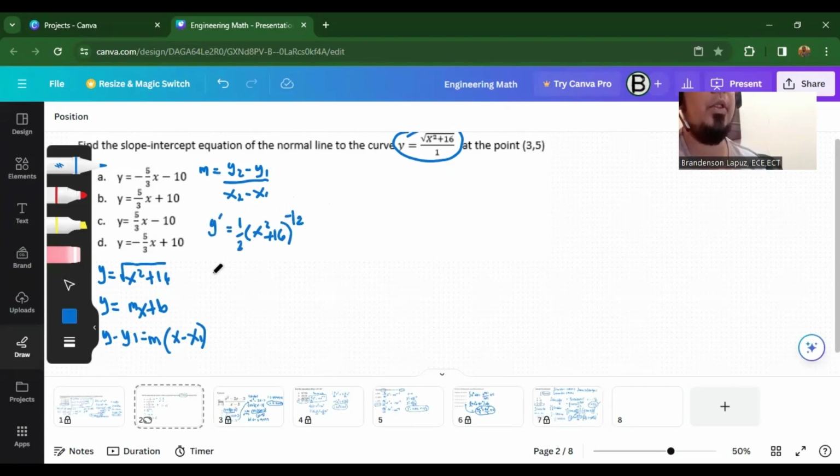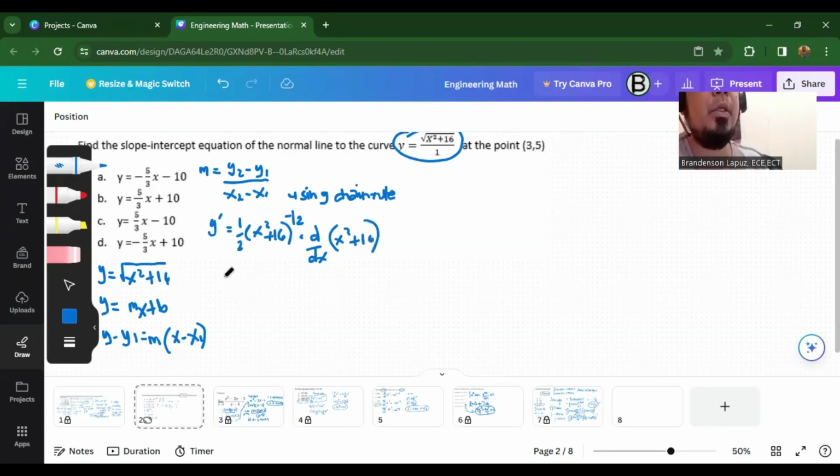So it becomes negative 1/2 times, using the chain rule, d over dx of the expression inside, x squared plus 16.